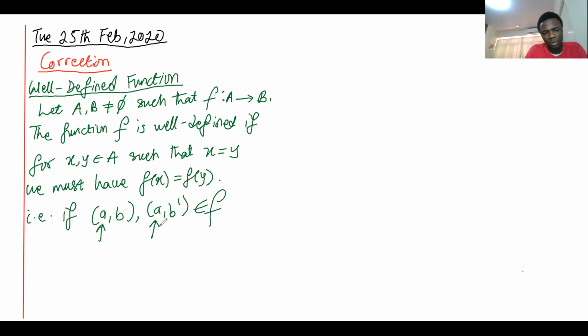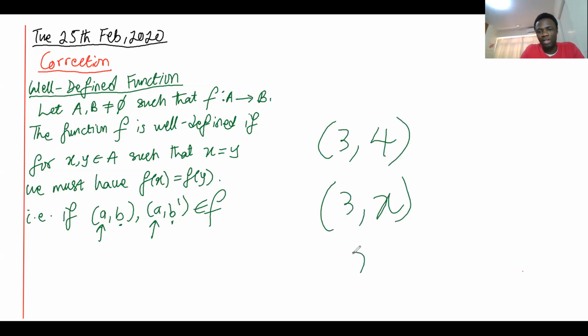These are the elements from the domain. If these two belong to f, f can only be a function if these are exactly the same, which means the points are not different. So there is no way you can have (3, 4) and also have (3, x) where x is not the same as 4. It's not possible.